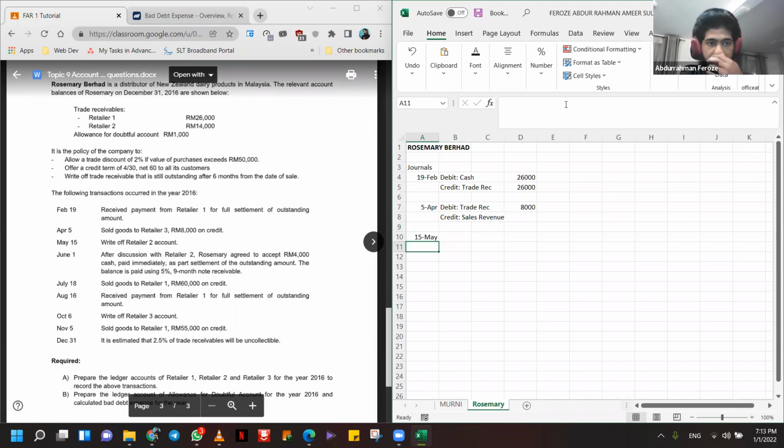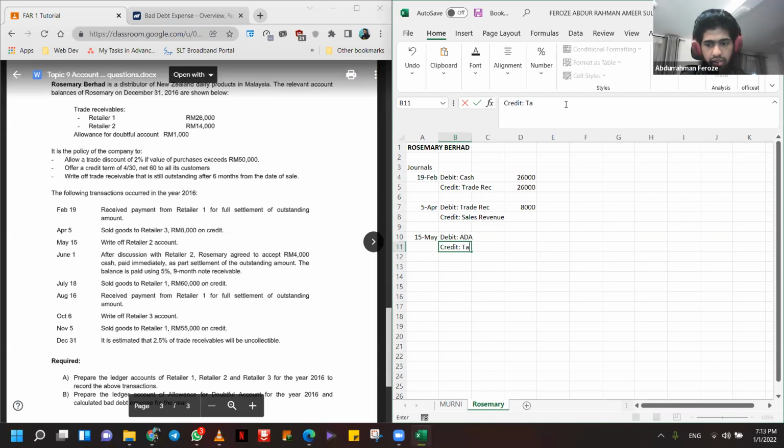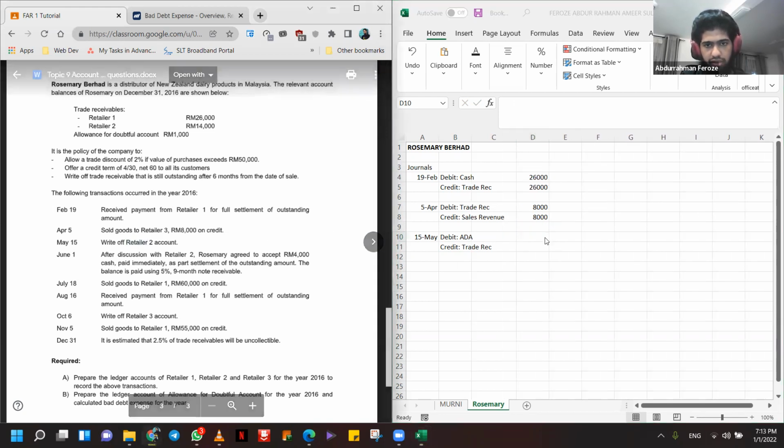May 15th, you have write off retailer 2 account. So when you write off the retailer 2 account, you debit ADA and you credit trade receivable, correct? Trade receivable. How much should be debited here for May 15th, write off retailer 2 account?